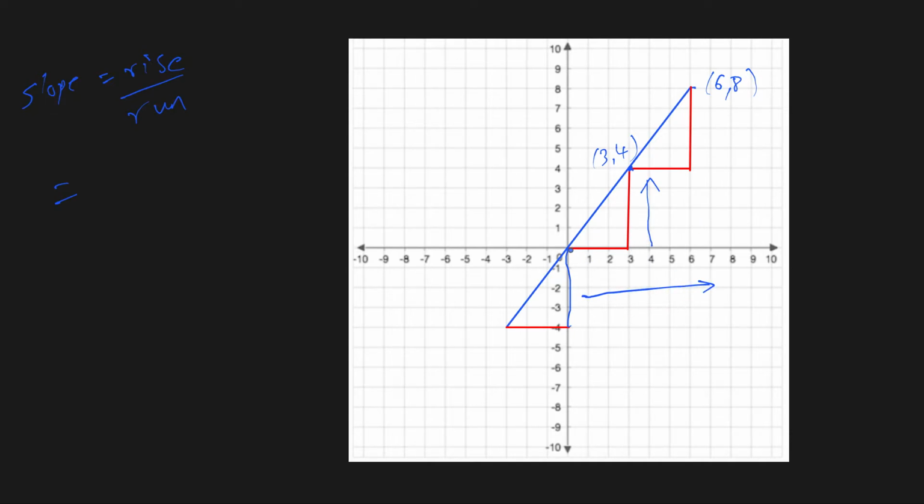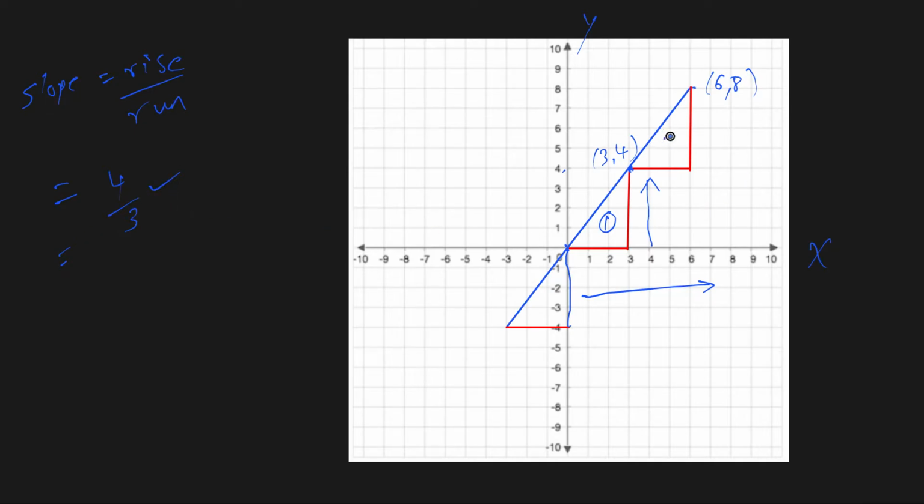So if we look at this first triangle, the rise is from 0 to 4, along the y-axis, so the rise is 4, and the run, which is this way, along the x-axis, is from 0 to 3, so it is 3. So our slope for this line is 4 over 3.